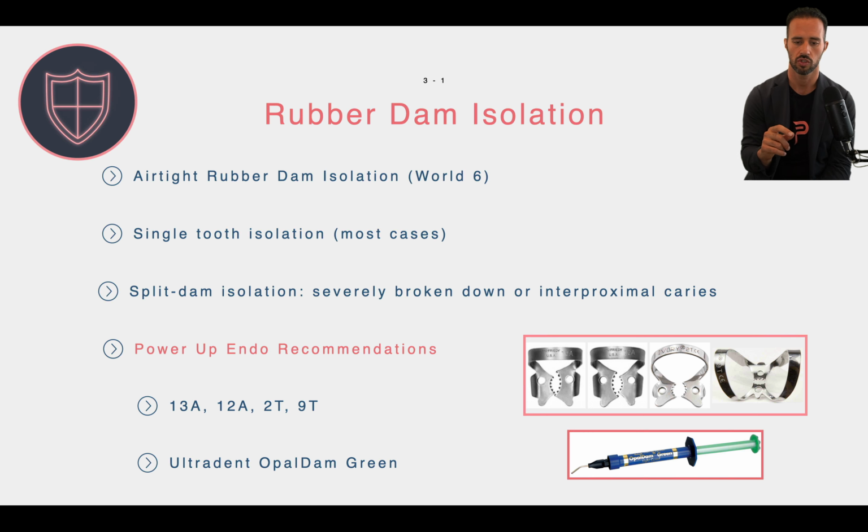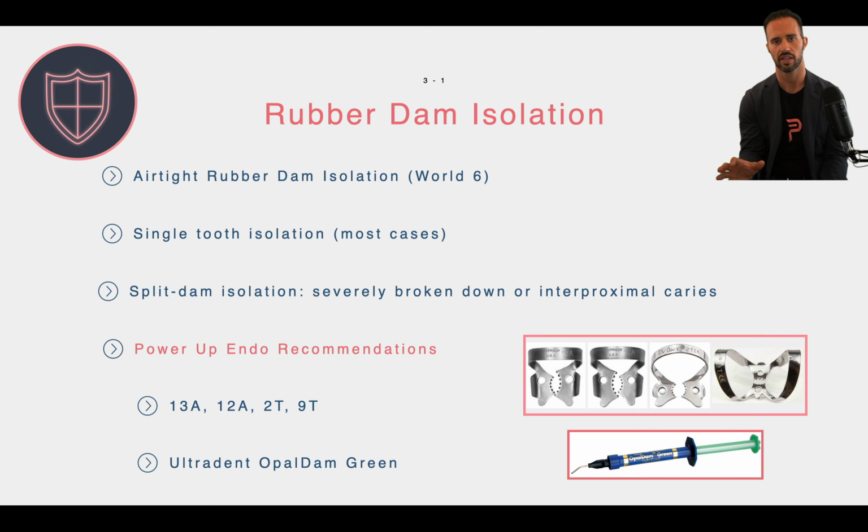All right, what I want you to reach for is the clamp 13A for the upper right and the lower left, the 12A for the upper left and the lower right, the 2T, that's going to be your universal premolar clamp for all your premolars, and then finally, obviously, your 9 or 9T, if you want the serrations, for any anterior tooth, including canines. That's going to be all the clamps you need in order to perform 99% of your endodontic cases.